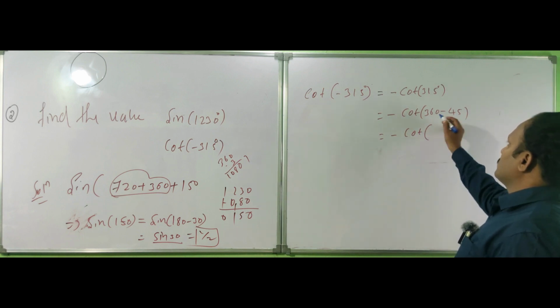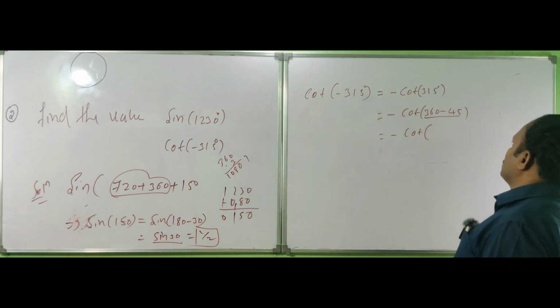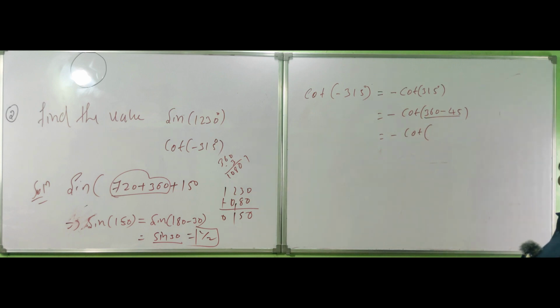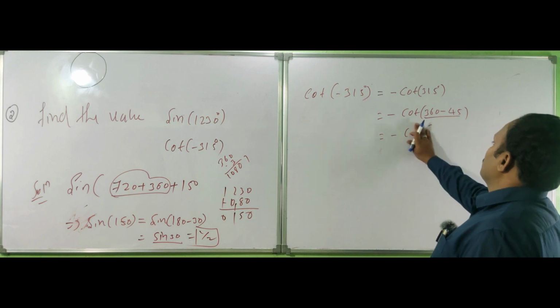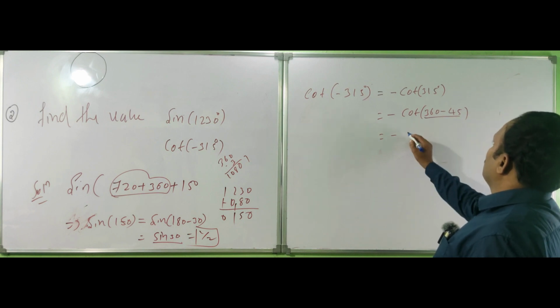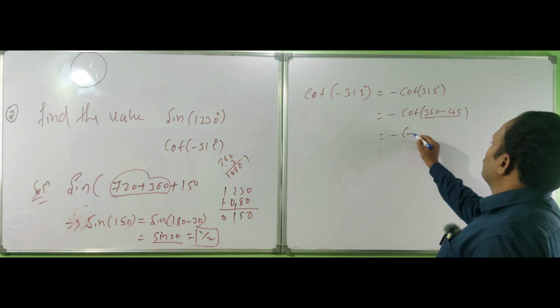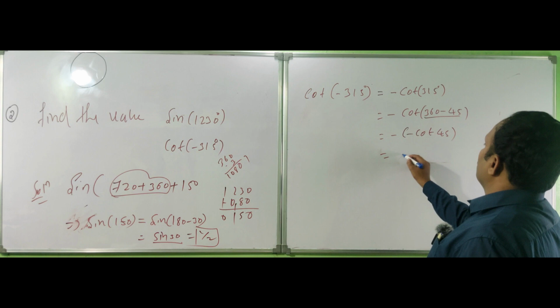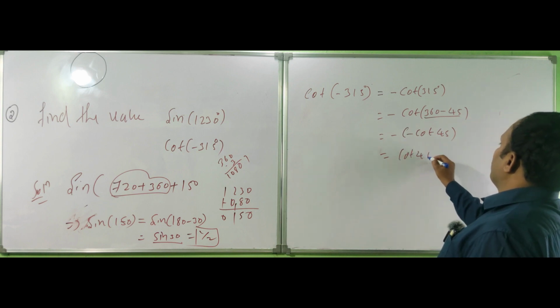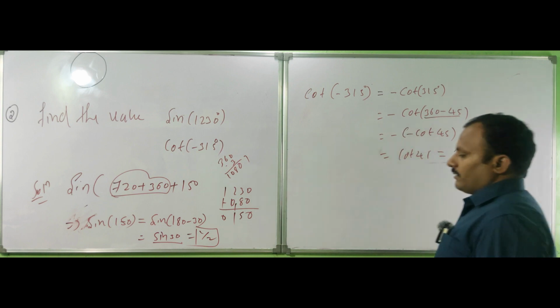Which quadrant is this? It is 360 minus 45, the fourth quadrant, where cos is positive and sin is negative. So we can write here minus cot 45. This becomes minus 1, since cot 45 is 1.